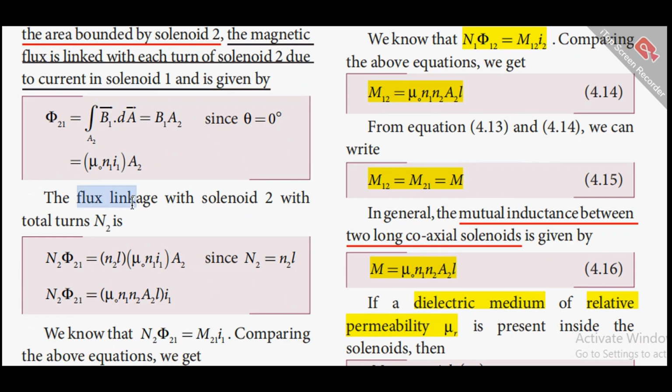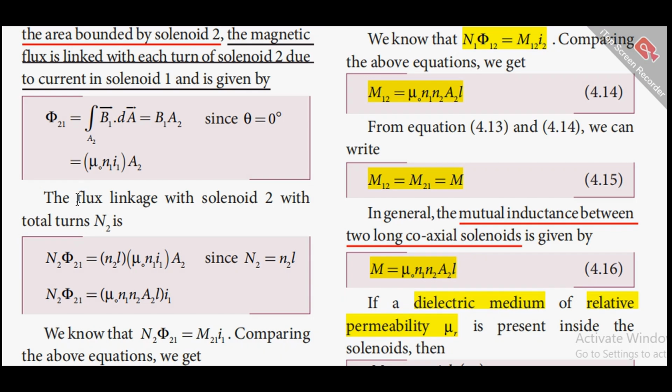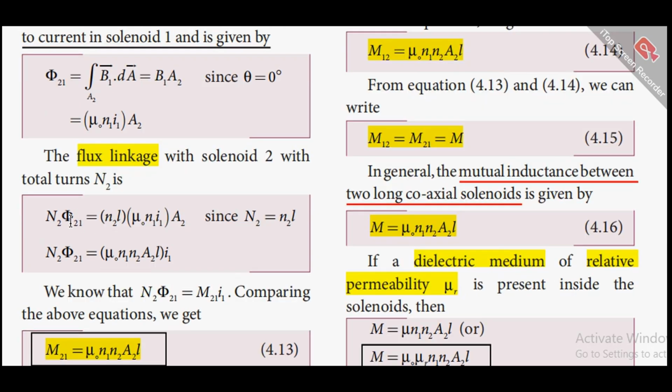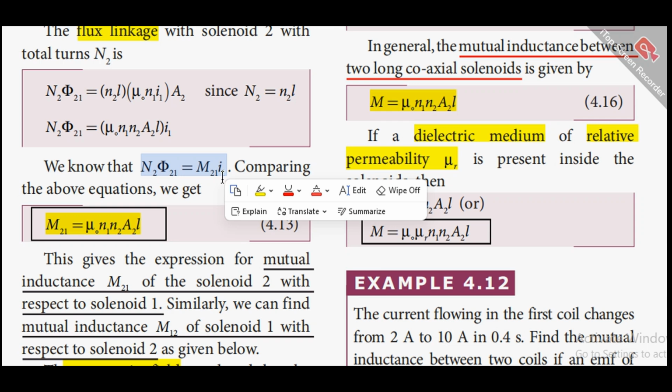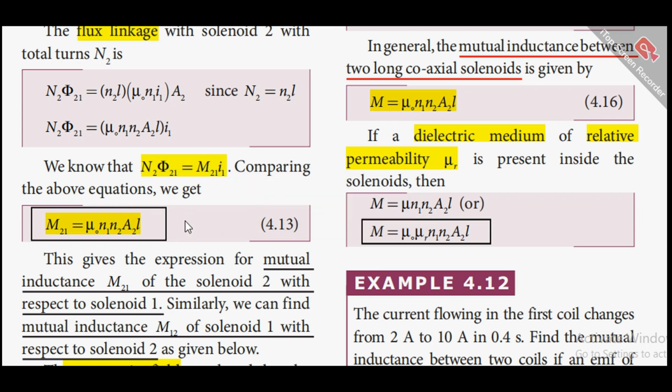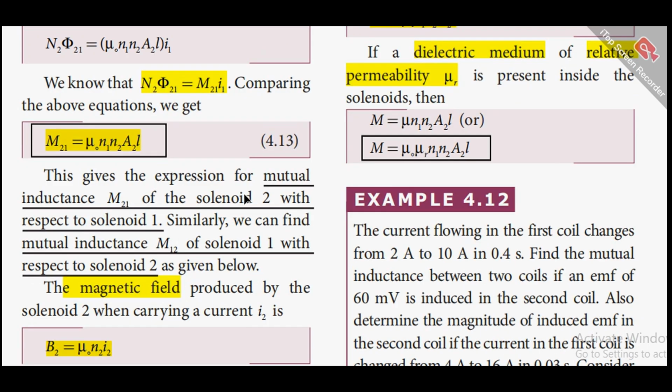The flux linkage with the second solenoid, having a total number of turns N2, is given by N2 phi21 equal to mu naught N1 N2 A2 L into I1. And we know that N2 phi21 is equal to M21 I1. So comparing the above equations, we get equation 4.13 as M21 equal to mu naught N1 N2 A2 times L. This gives the expression for the mutual inductance M21 of the second solenoid with respect to the first solenoid.